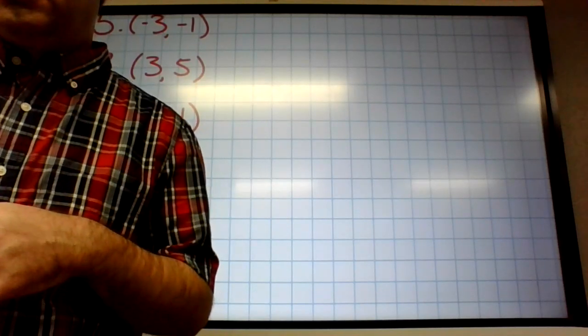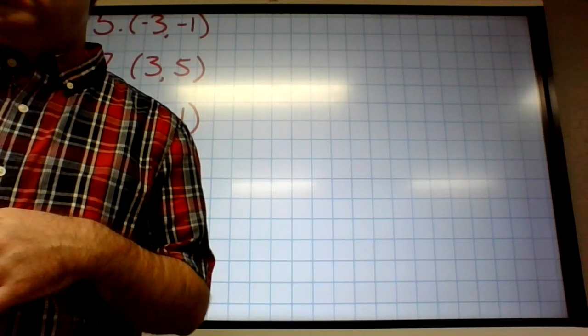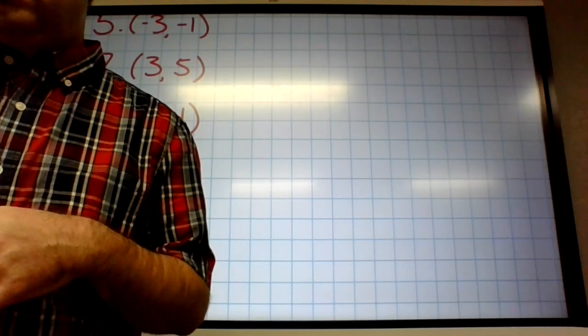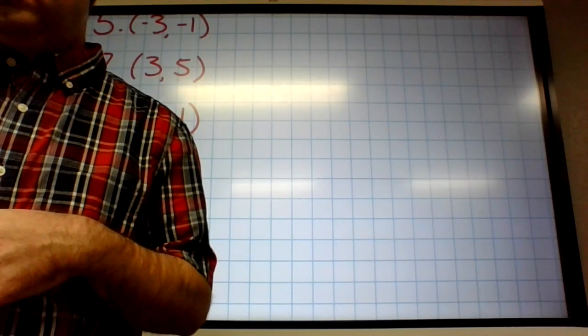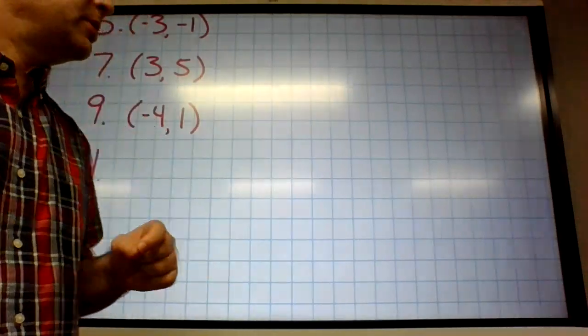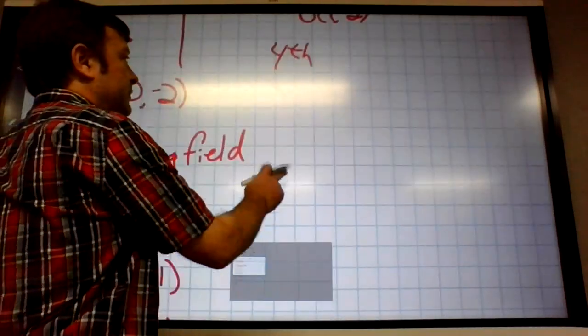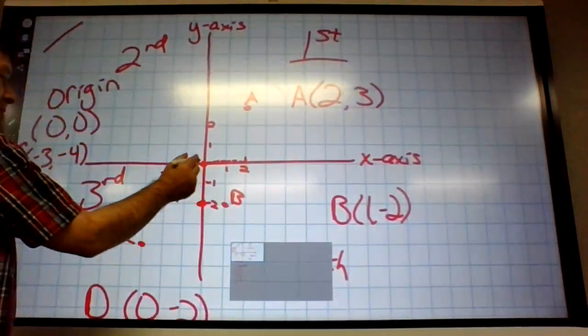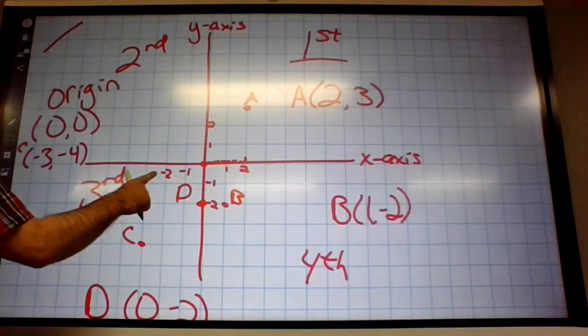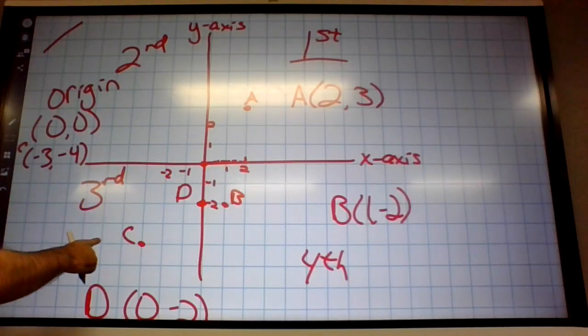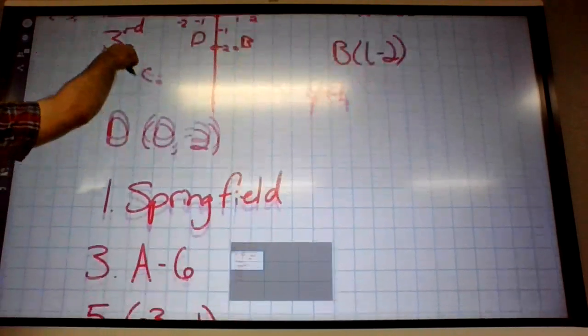Oh yeah, 5 by 4. Okay, close. When you go to the left, this would be -5. And then when you go down, this would be -4. -4, yeah.